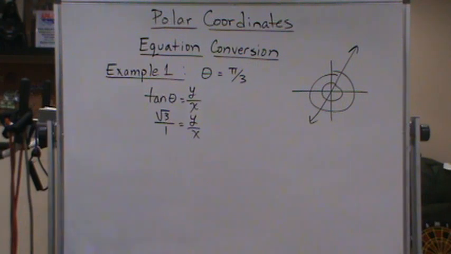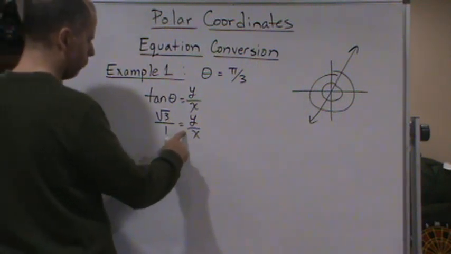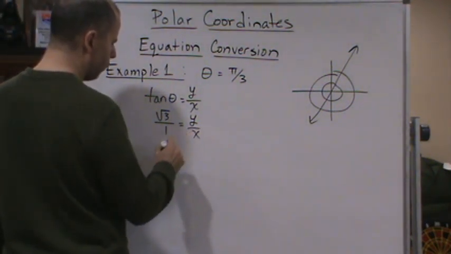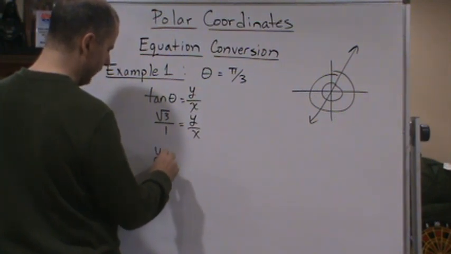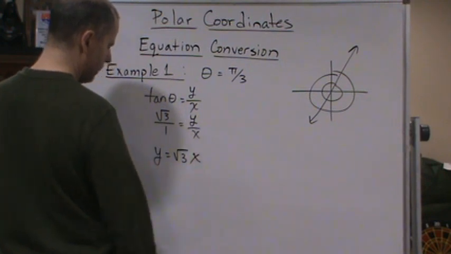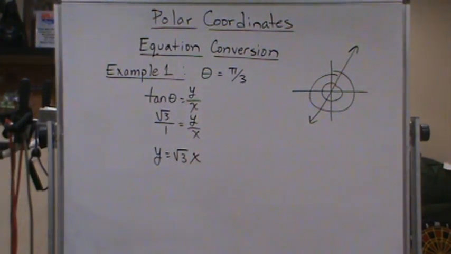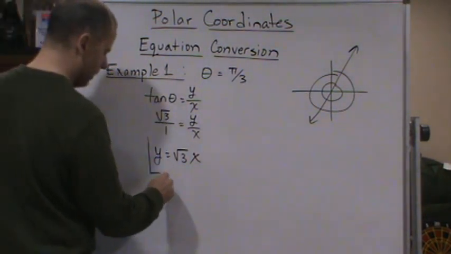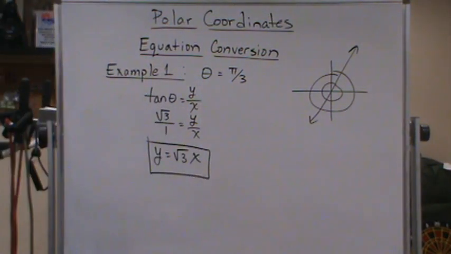Okay, so that means what? If I solve for y, that's what I want to do, so y equals square root of 3 times x. And so now this is the rectangular form, the rectangular equation of the graph. All right.